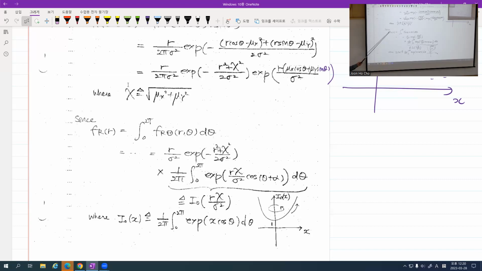So these involve some strange function that is tabulated, and you can see that it's a monotone increasing, even symmetric function, greater than or equal to 1. And R is more strange. Why?